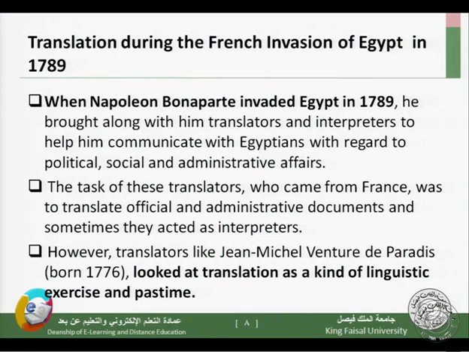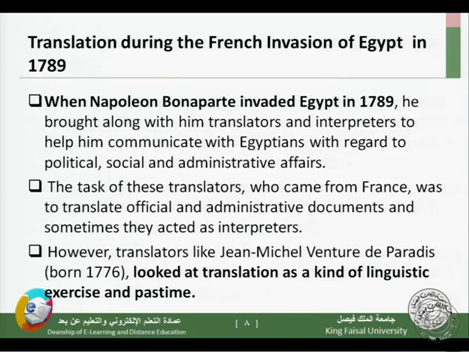Now what he did, he came and he enjoyed translating, and he looked at translating as a pastime activity. That's why he started to translate arts, and he looked at it as a linguistic exercise rather than an official or technical or professional task.